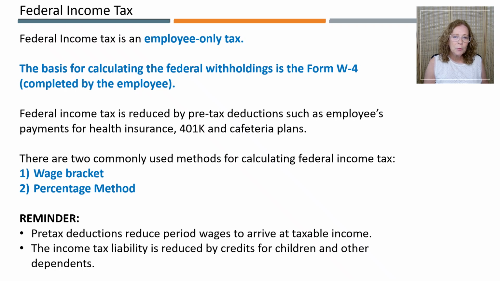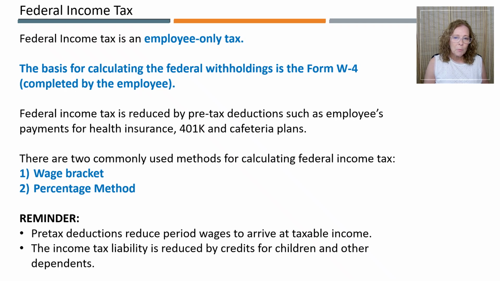The starting point for calculating federal withholdings is the Form W-4, which is completed by the employee on paper or online. The next step is the federal taxable wages, which are calculated by subtracting pre-tax deductions from the employee's gross wages. Pre-tax deductions are the employee's payments for health insurance, 401k, and cafeteria plans.